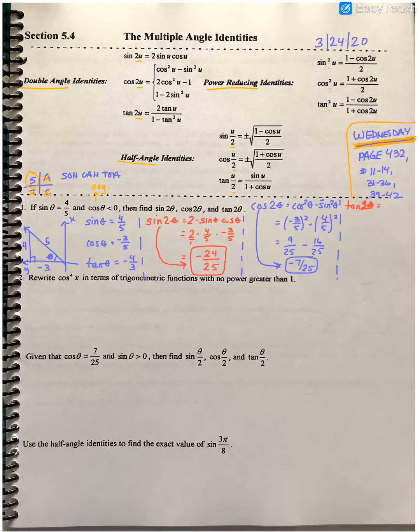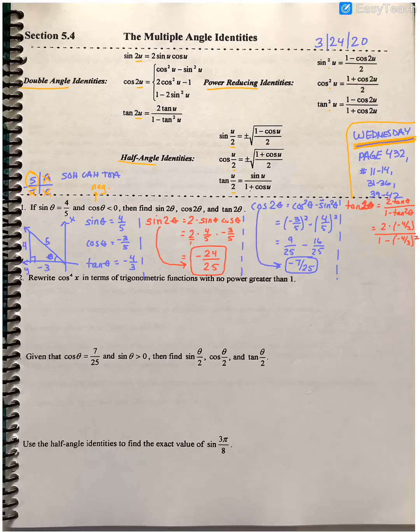So tangent of 2 theta is going to be 2 tangent theta divided by 1 minus tangent squared theta. As with the others, substitute in the given information. So I'm going to have 2 times tangent theta, which is negative 4/3, divided by 1 minus tangent squared, so negative 4/3 squared.